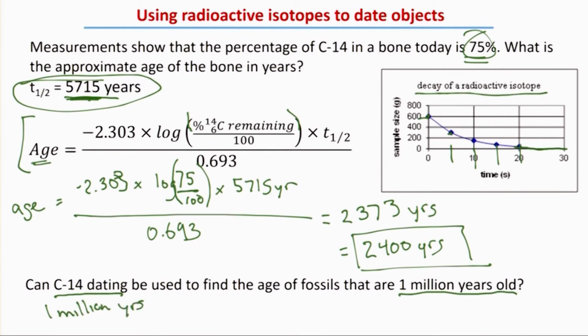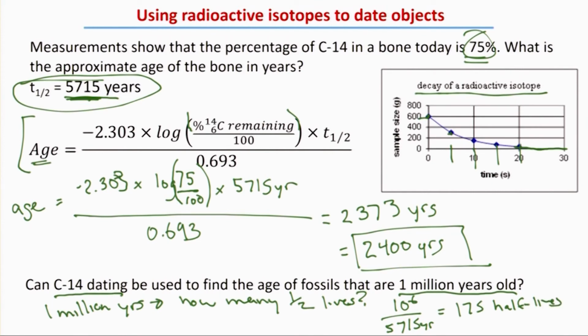So if you take 1 million, 10 to the 6, divided by the half-life, 5,715, you end up with about 175 half-lives.